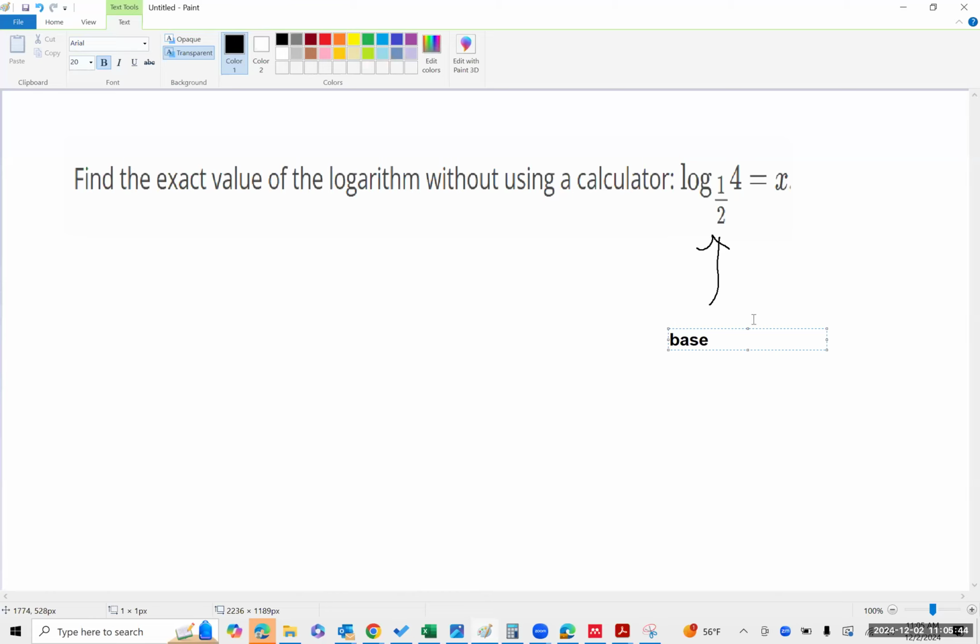Because what we're going to do is rewrite this as an exponential function, because logarithms are related to exponentials.